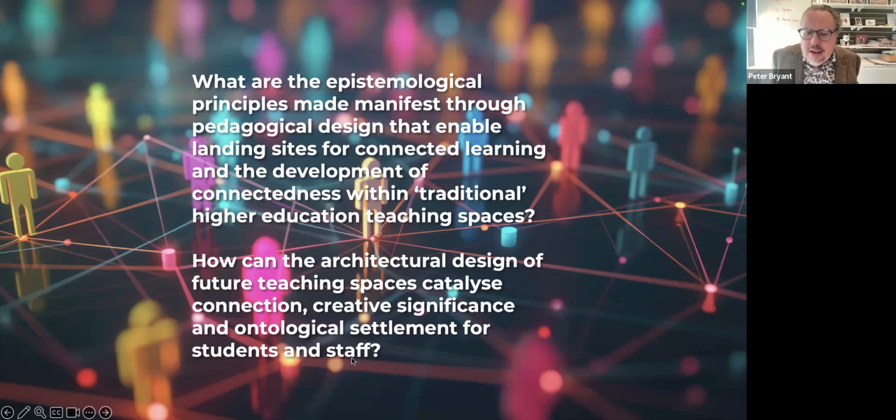In other words, how can the architectural design of a future teaching space catalyze connection, creative significance for students, and what we've referred to as ontological settlement, but in effect, that they feel comfortable and engaged enough with not just the space, but with each other and with what they're learning and how they're learning to be able to have a more resonant and lasting educational experience that enables a better learning outcome for them.